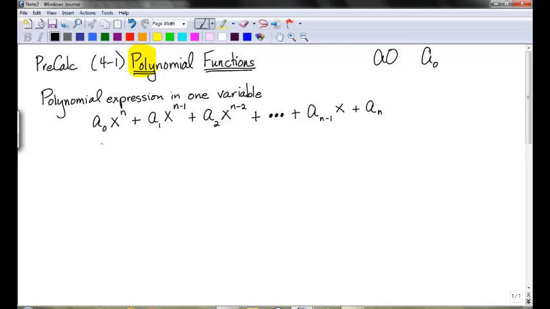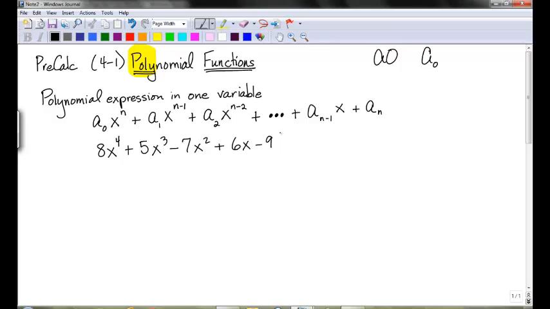Example would be like if I said 8x to the 4th plus 5x to the 3rd minus 7x to the 2nd plus 6x minus 9, something like that. That is a polynomial expression where you have many terms added or subtracted together. Notice the a sub 0 would be 8, a sub 1 would be 5. It's all the coefficients.